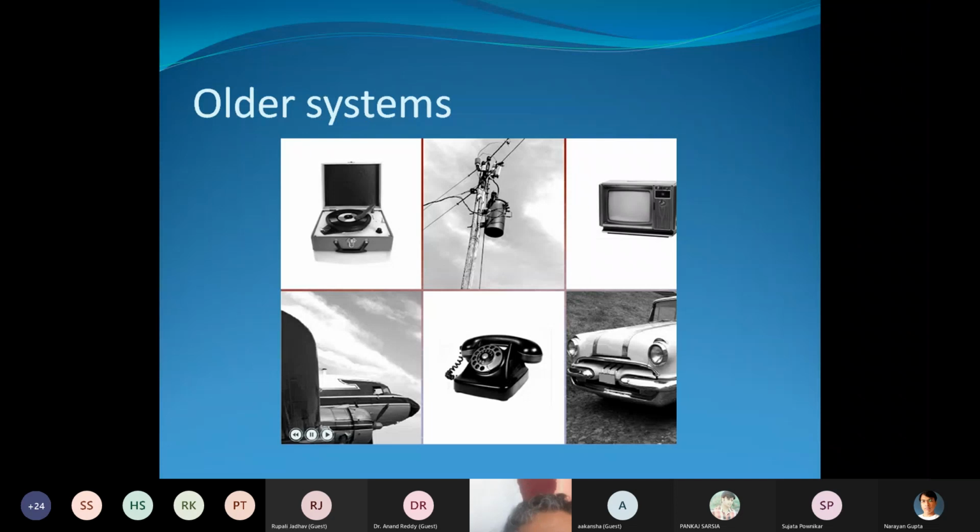Now this is the old, this thing shown, you know. Then TV, old TV. I hope you remember the youngest child in the house used to go to the top floor, गच्ची पे top terrace पे जाके change करता था वो, so that you get the good picture.